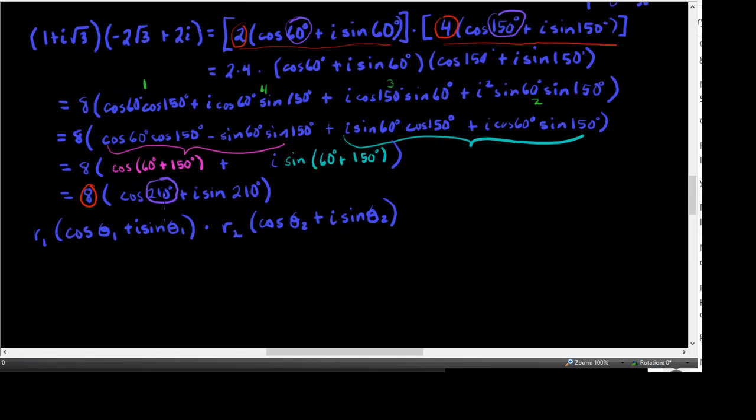That product will be r1 times r2 times the quantity cosine of theta 1 plus theta 2 plus I sine of the same angle, theta 1 plus theta 2.